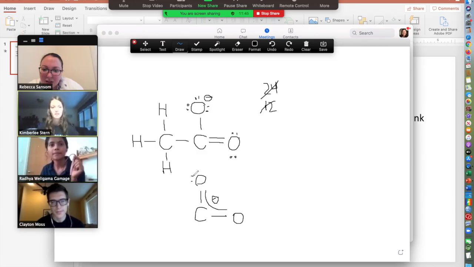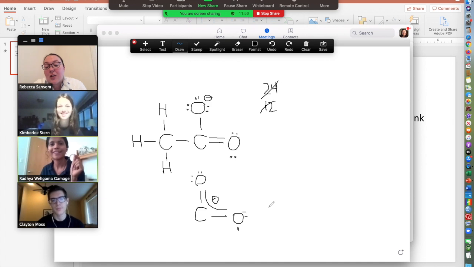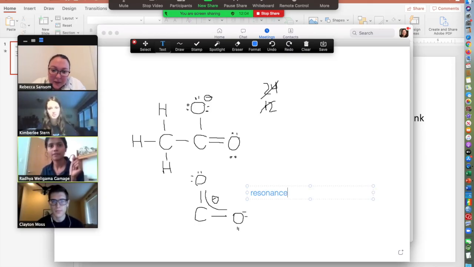Only 4 electrons will be left now. Okay, I'm trying to draw the electrons. It's a struggle. Okay, and this is called resonance. So I'm just going to type that in here because that'll be easier than drawing. Okay, resonance. Good.